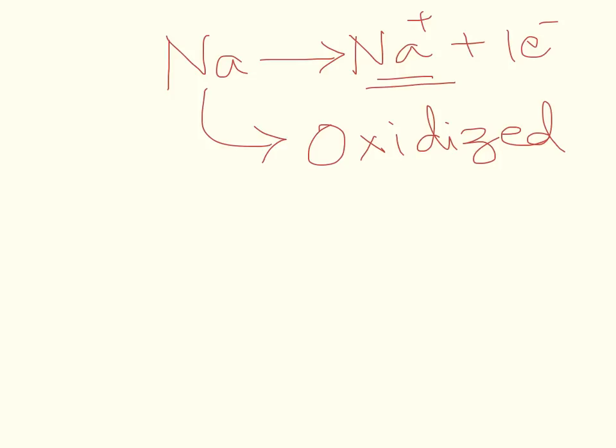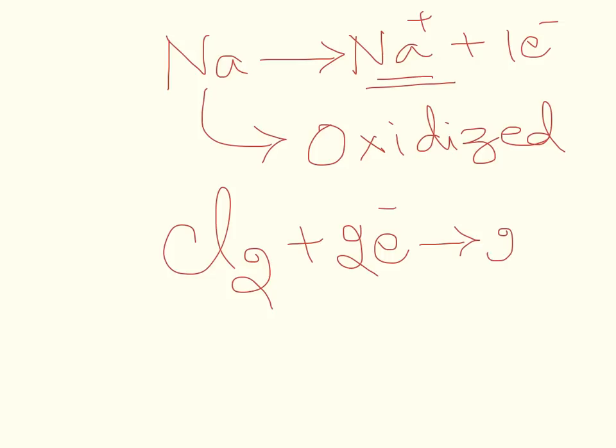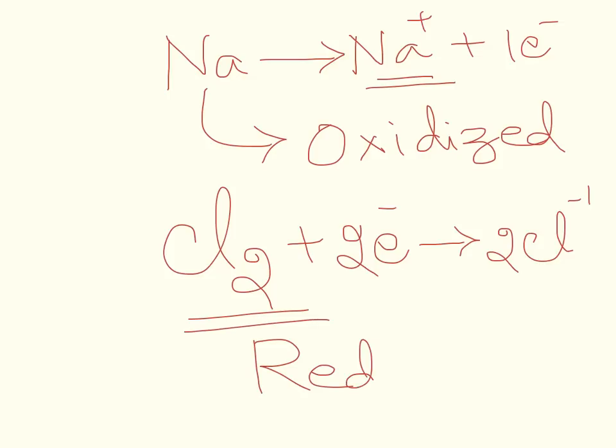Now, chlorine on the other hand gains electrons to form chloride ion. So chlorine is being reduced.